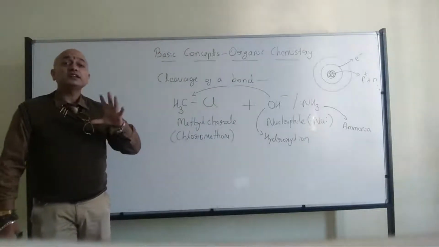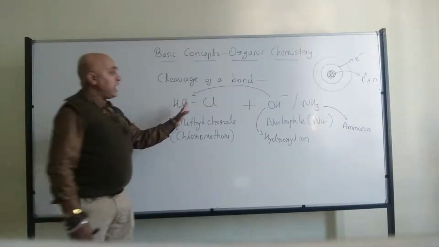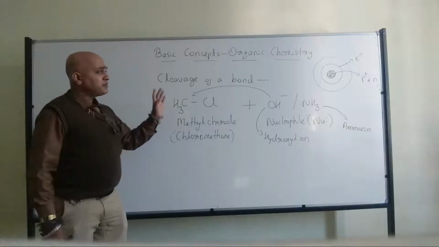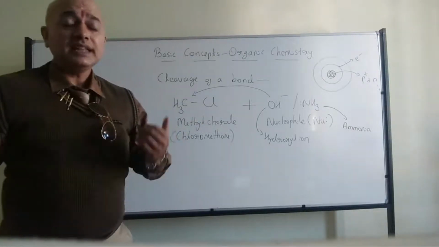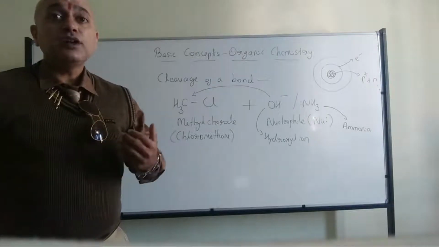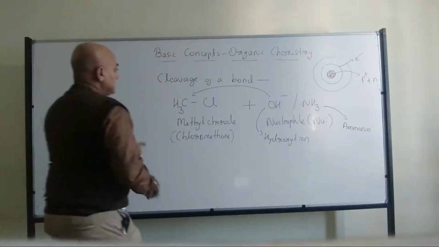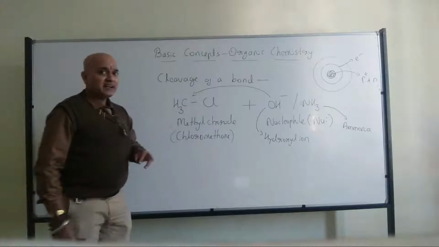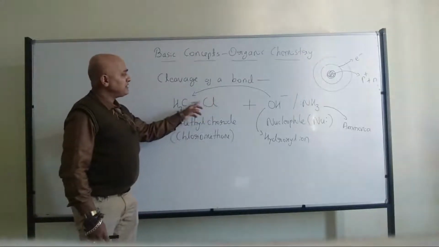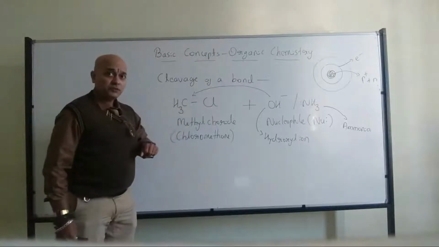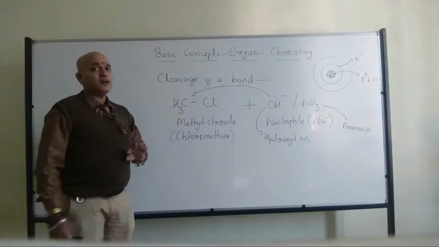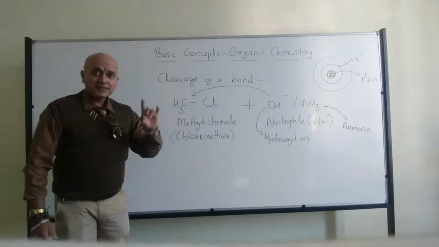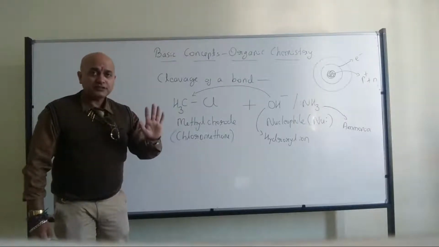Now the carbon is under confusion: oh, I am already satisfied, but still this OH minus is coming and asking for my help. So it will talk to its chlorine: since you are electronegative, take these two electrons with you. Anyway, I have a partner who is ready to donate electrons. Try to understand.